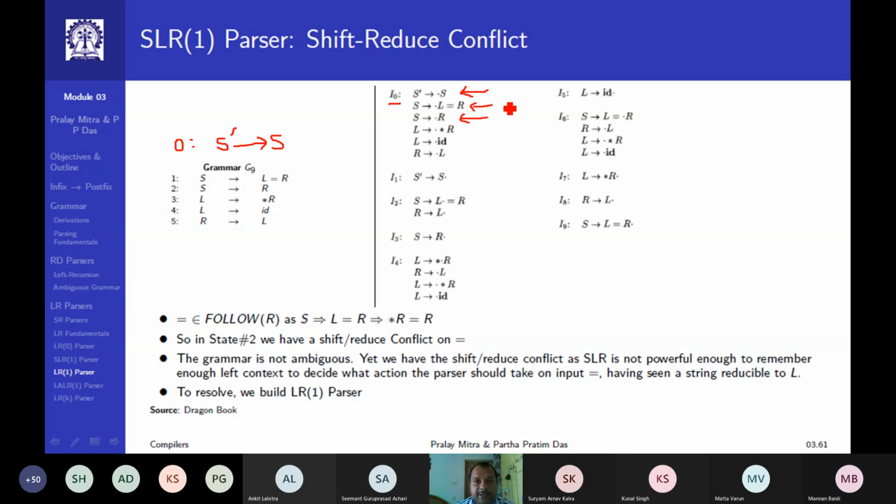Now from the second item, you see that the dot is appearing on the left of L. So again, by the transitive closure property, I will include production rule 3 and 4, where the dot is placed in front of star R and in front of ID.